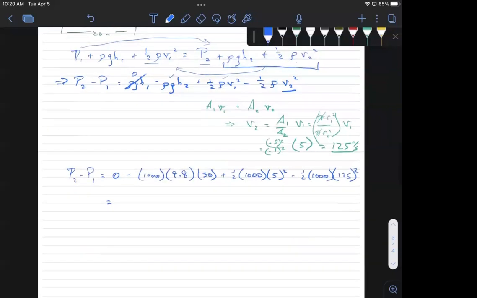And there we go. All the numbers are plugged in. So all I have to do is get them in my calculator and I'll have my answer.